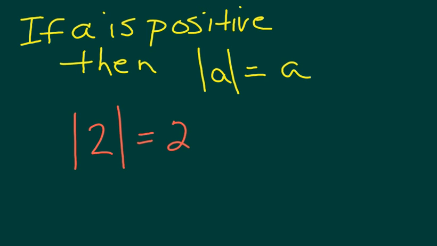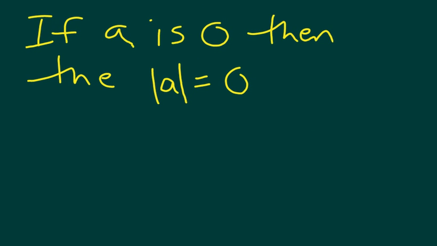If A is positive, it could be 3. The absolute value of 3 is 3. Here's the second one. If A is 0, then the absolute value of A is 0. That one only has one example. Absolute value of 0 equals 0.